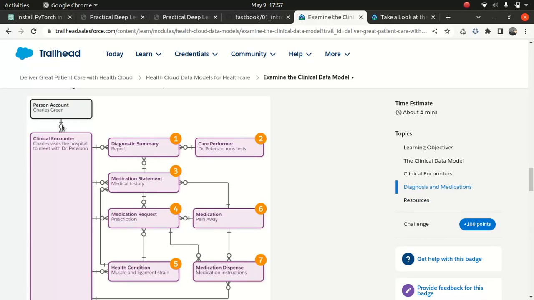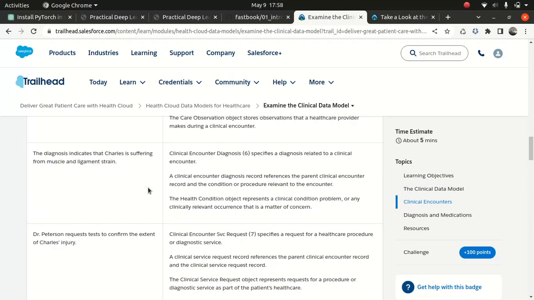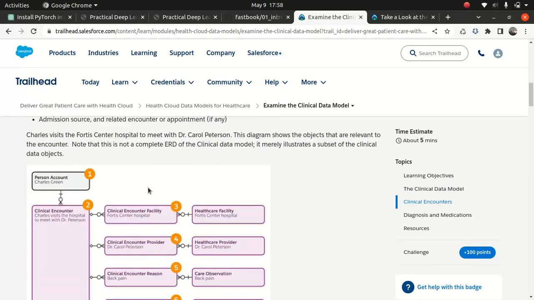Like I said, the child will obviously go and visit his physician, say in this case Dr. Peterson, who will be looking after Charles, and that is a part of a Health Cloud object, and this in turn will link to the diagnostic summary and the care performer, which links to a doctor record, and then you have the medical statement. Sorry, not this one. I think I jumped.